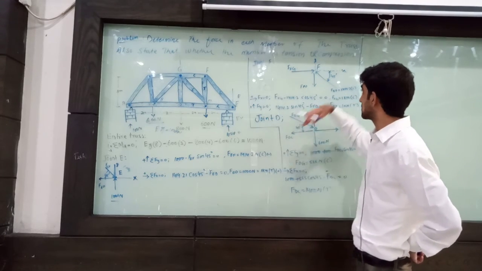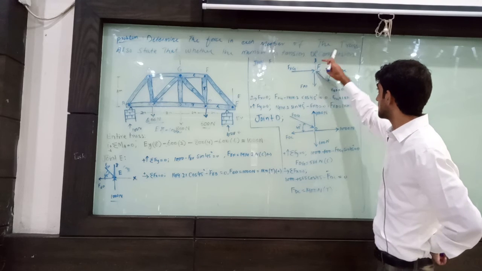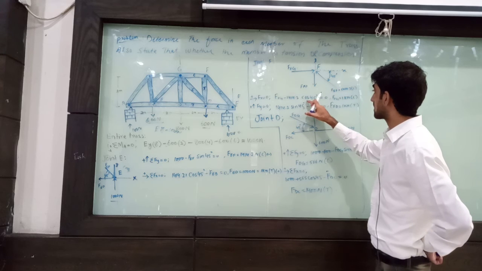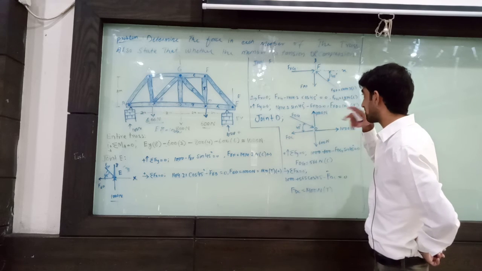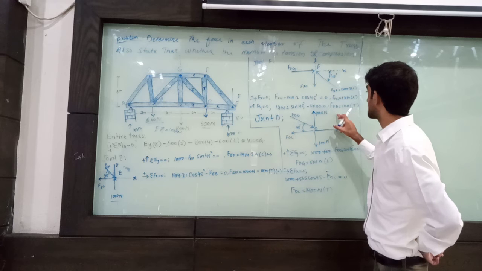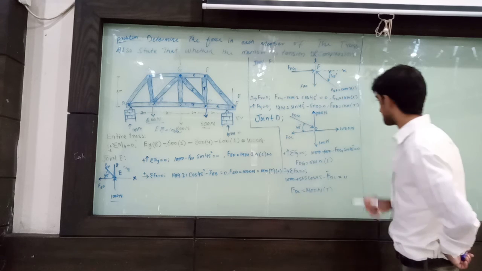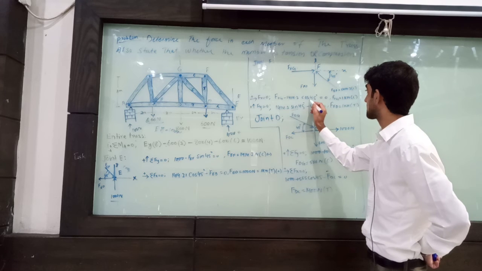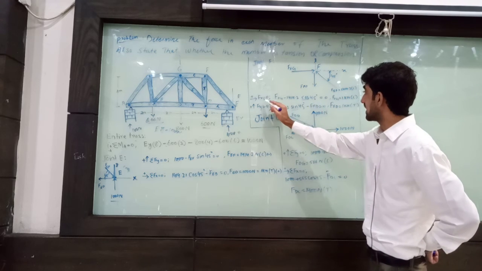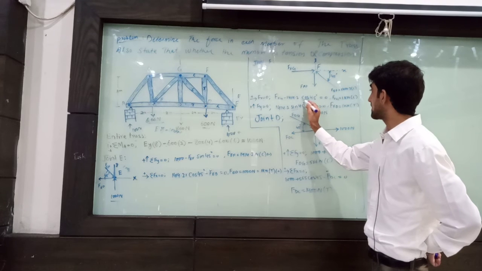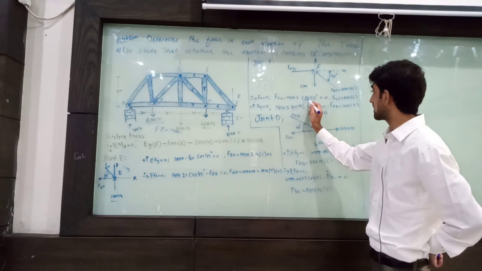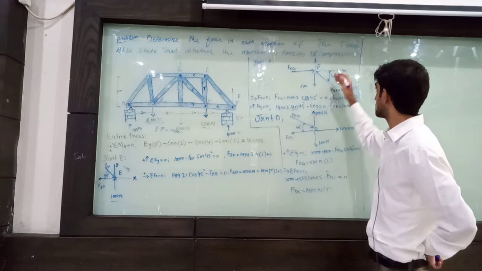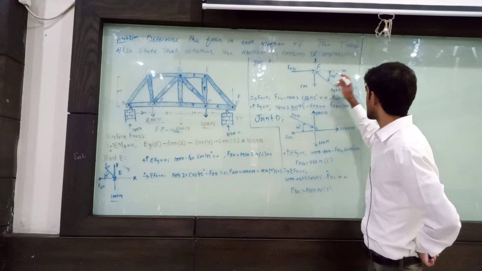Summation of y-axis, now we find y-axis. X-axis we find with cos and y-axis we can put in sine. Because this is x-axis, in the x-axis direction we can put cos 45, and in the y direction we can put sine 45.